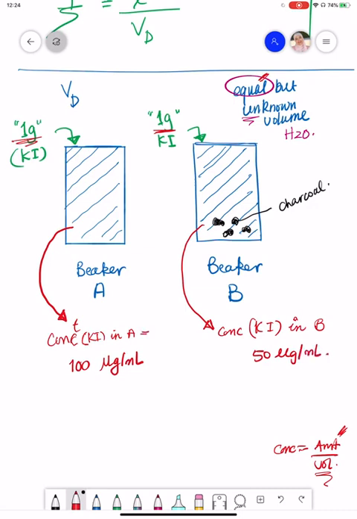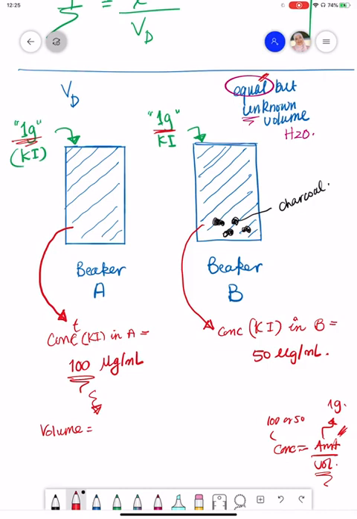So the concentration of potassium iodide in here is larger or higher. If you want to back calculate from here, if we are having 50 or 100 as a concentration, and we know the amount is 1 gram for sure, we can determine the volume of the liquid, right?